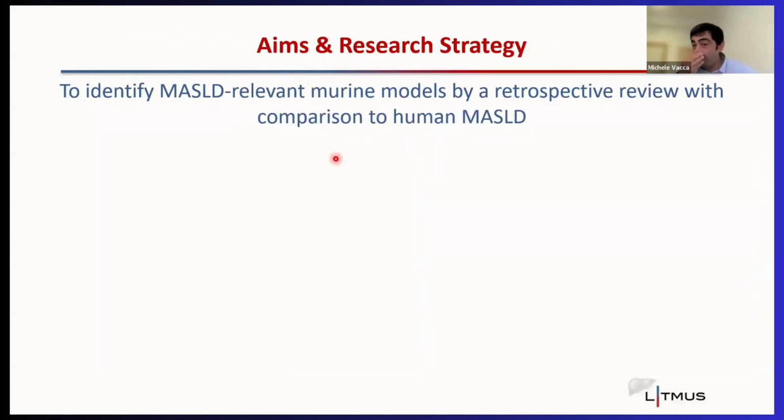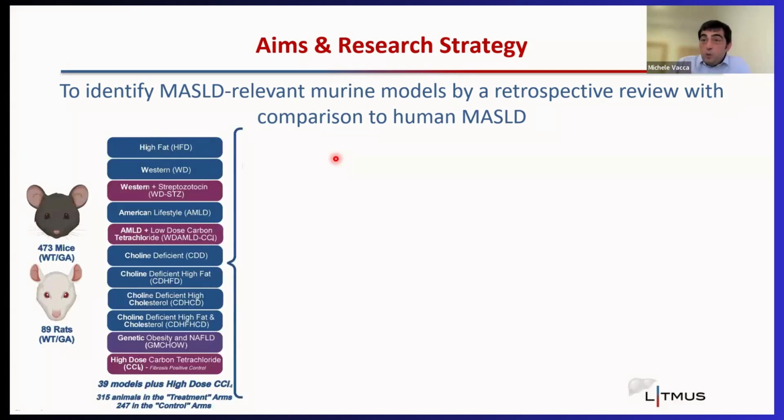So, having understood how complex the availability of options is, and considering that we wanted to choose our best models to run biomarkers in, we decided, instead of cherry picking, to do a wide retrospective screening of experiments that had already been performed, but for which we prospectively generated omics data to identify MASLD-relevant murine models in comparison to human MASLD.